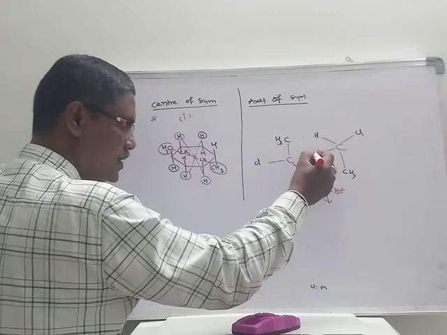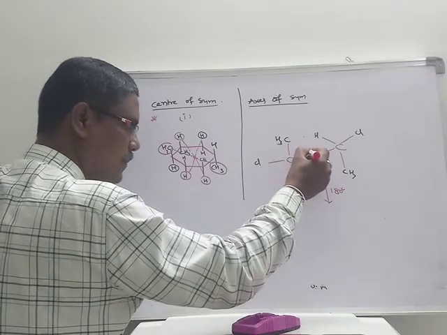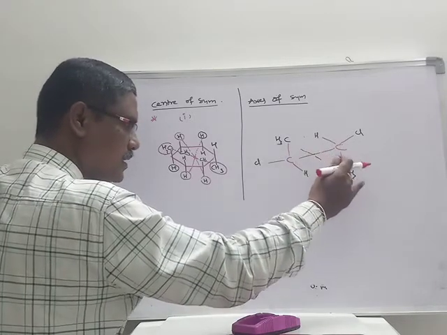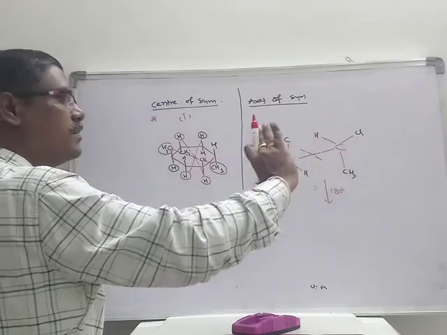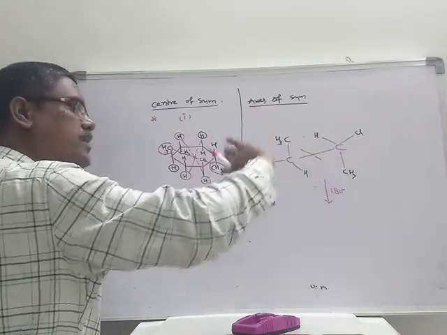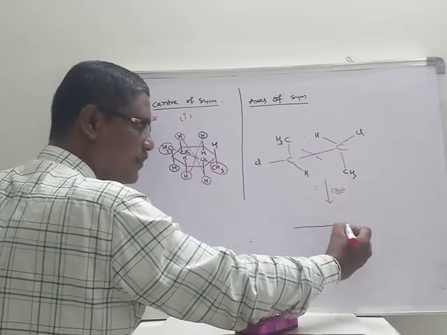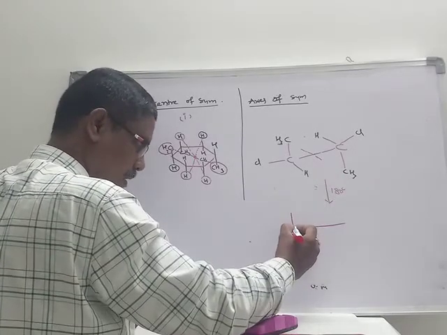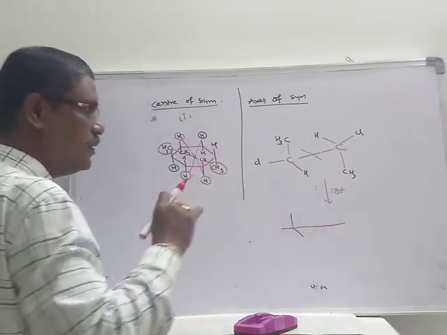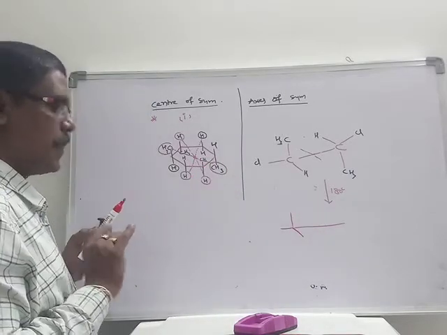What happened? This is the imaginary axis, and it is just shifted from here to here, and the obtained molecular structure is this one.